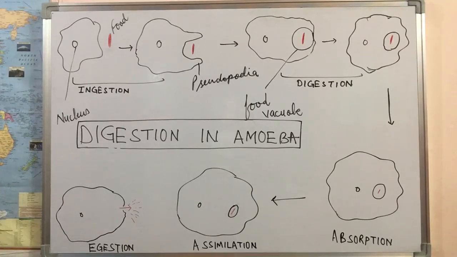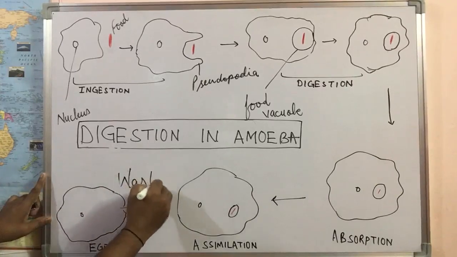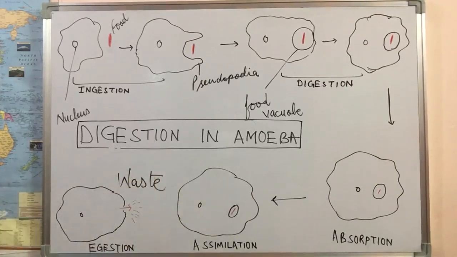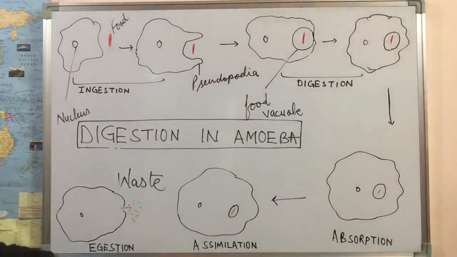Next is assimilation, in which food is distributed to other parts, and the last one is egestion, in which the waste food material is egested from the body. Clear? So it was all about digestion: ingestion, digestion, absorption, assimilation, and egestion.